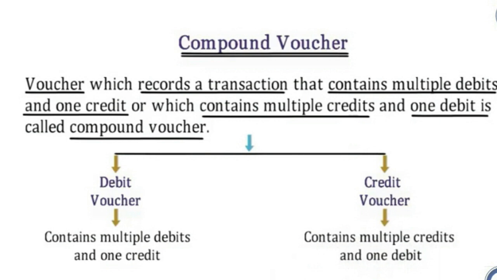So this is the voucher where the transaction is recorded in which the debits are multiple. So multiple accounts are debited and credit is one, or we can say multiple credits are there but debit is one. So this is called a compound voucher.